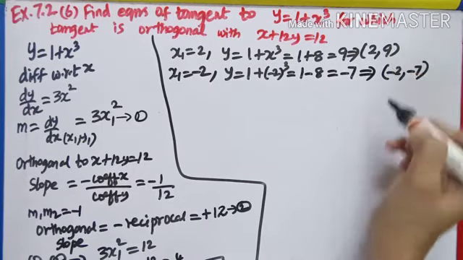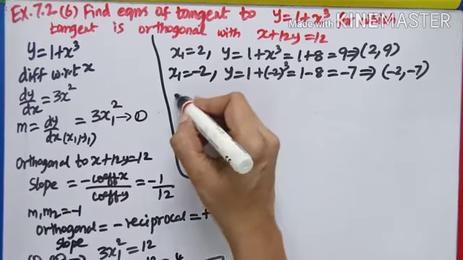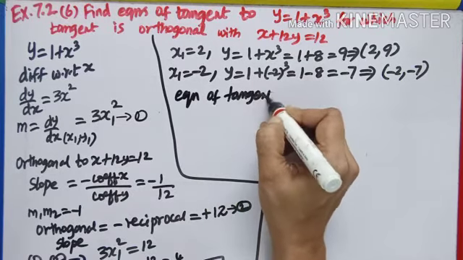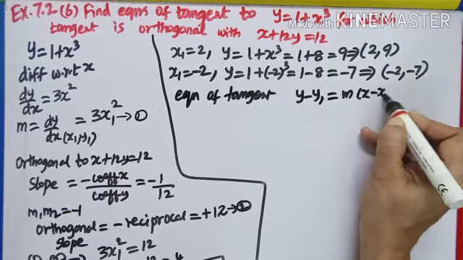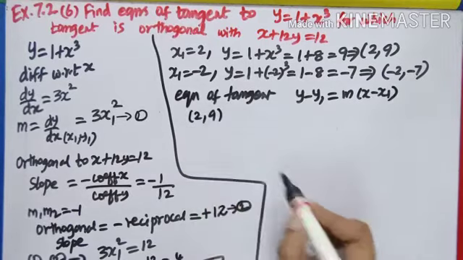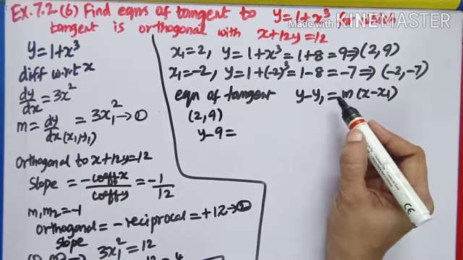As I know the 2 points, let me write the equation of the tangent. So equation of tangent, the formula is y minus y1 equals m into x minus x1. So at 2 comma 9, let me write first. Y minus 9 equals, what is m actually?